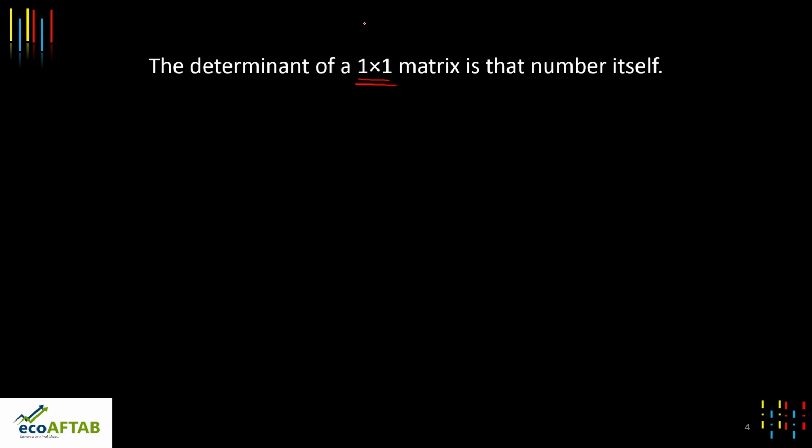1 by 1 matrix means one row and one column. And here you can see if A is a matrix which is having a single number, so here the row is 1 and the column is also 1.